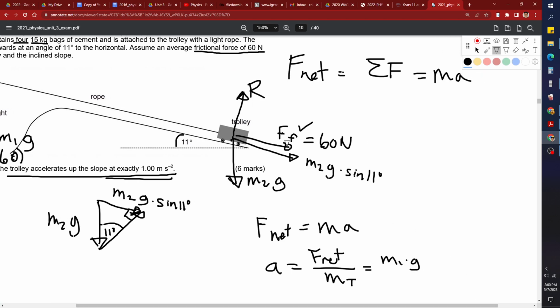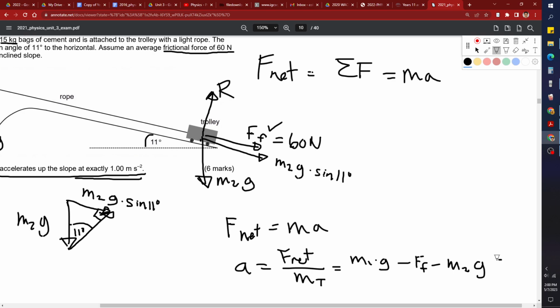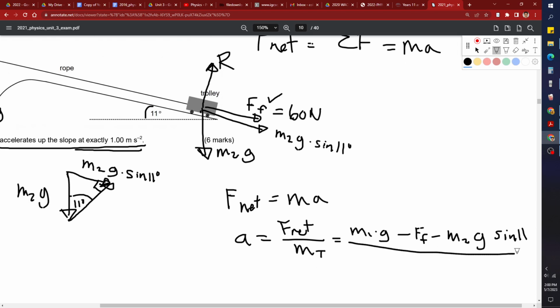And then it's going to be minus these two, the frictional force and our weight force component acting on the trolley. Okay, and all that's divided by the total masses, so mass 1 and mass 2.